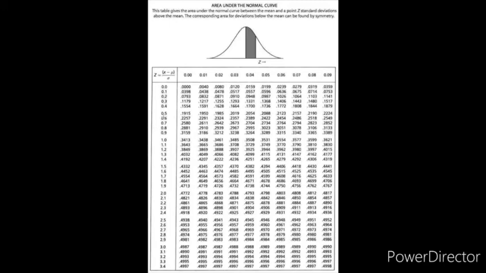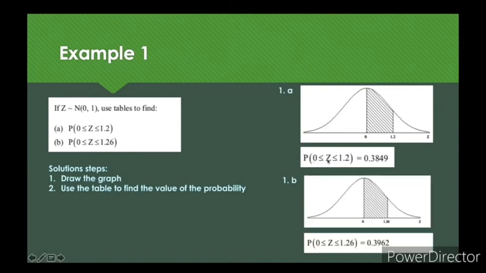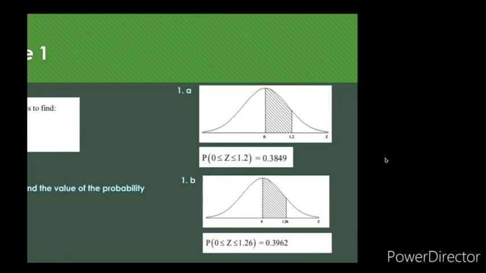Look at the numbers on the left; 1.2 is here. Now look at the number directly on the right side of 1.2. It is 0.3849. So the probability of z from 0 to 1.2 is 0.3849.